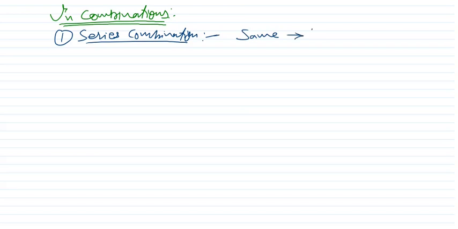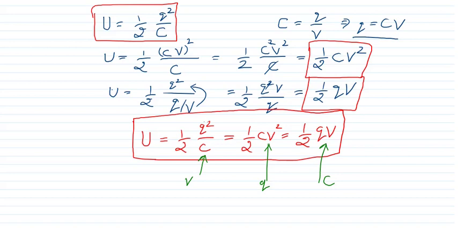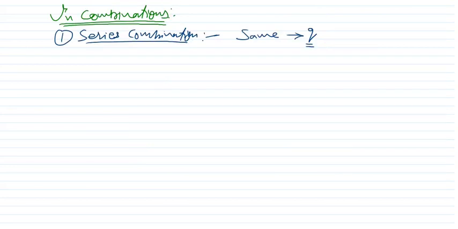Anyone? In series combination, what is same? Very good. Q is same. Now you can see here we are having Q. Clear? So therefore we will use this formula to find the energy stored in the combination.